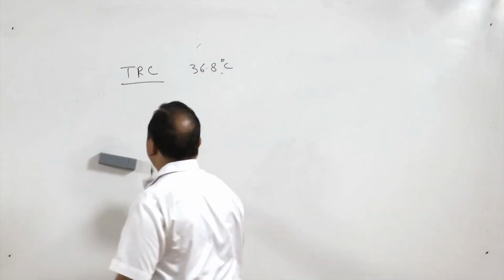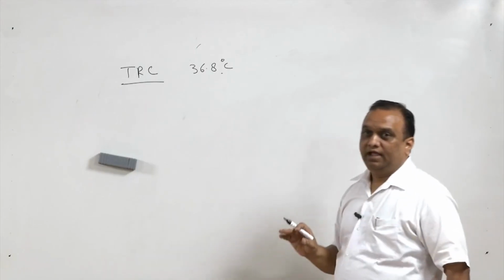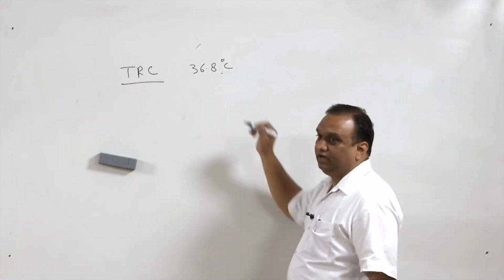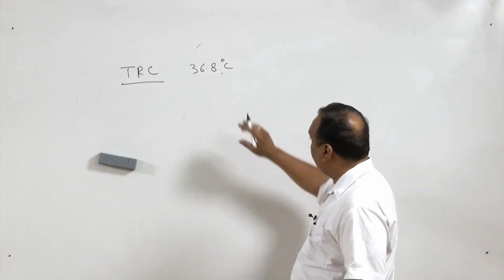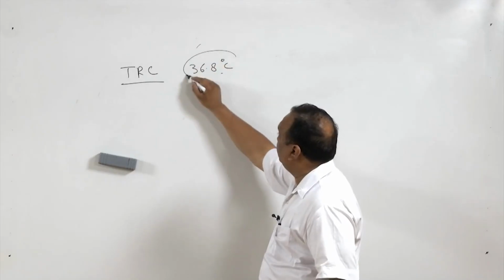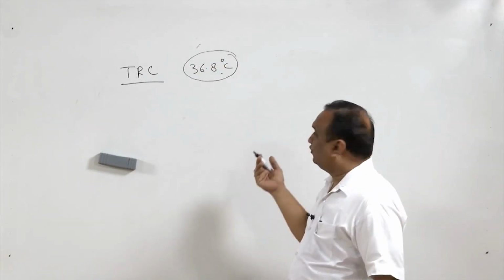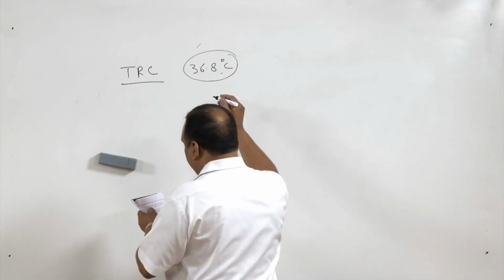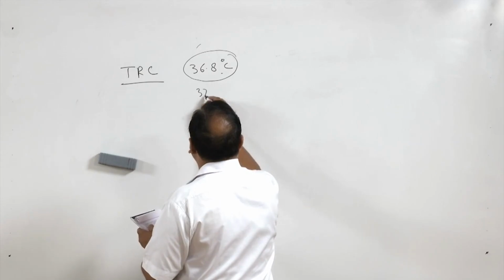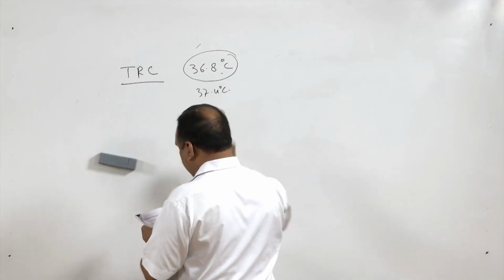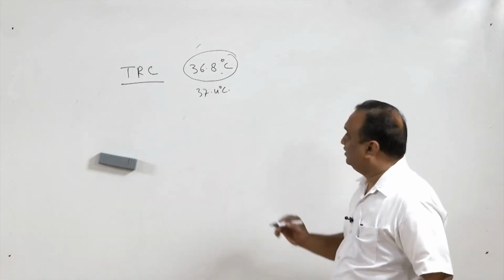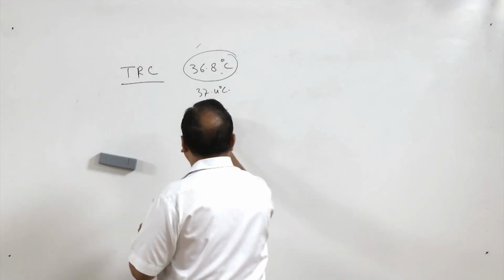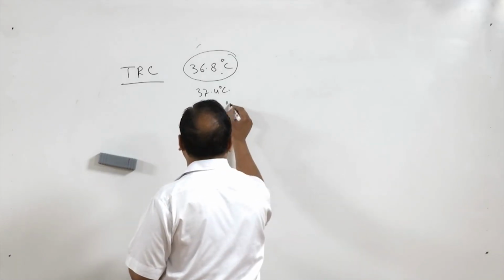It is in the brain, and at this temperature it controls the body temperature. It itself remains at this temperature. If somebody is walking, this temperature may rise to 37.4 degrees centigrade, and if somebody is jogging, this temperature becomes 37.9 degrees centigrade.